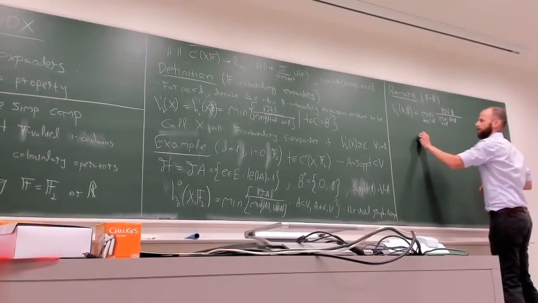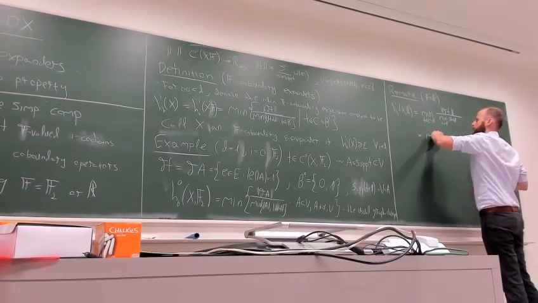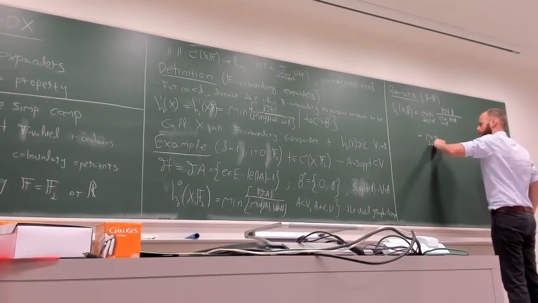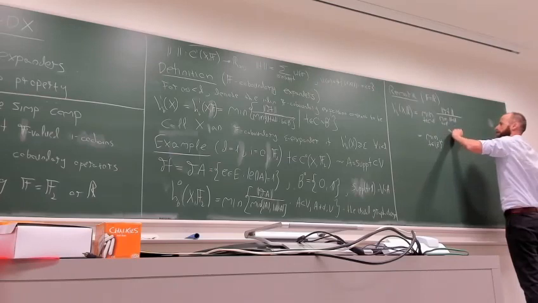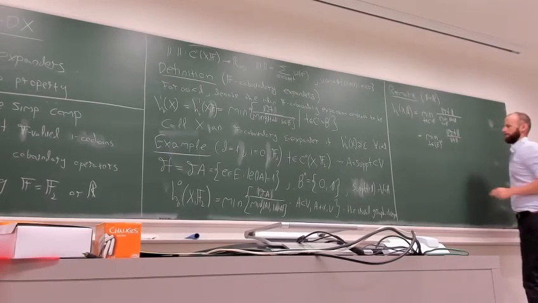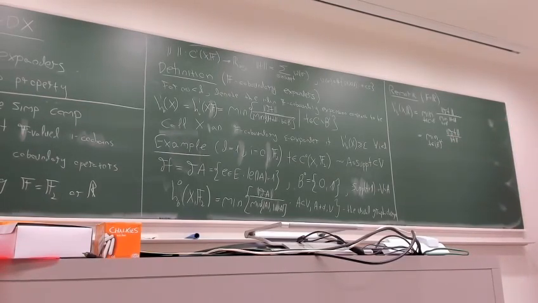So I could just as well minimize running now only on the orthogonal complement, and here I'm using the inner product.